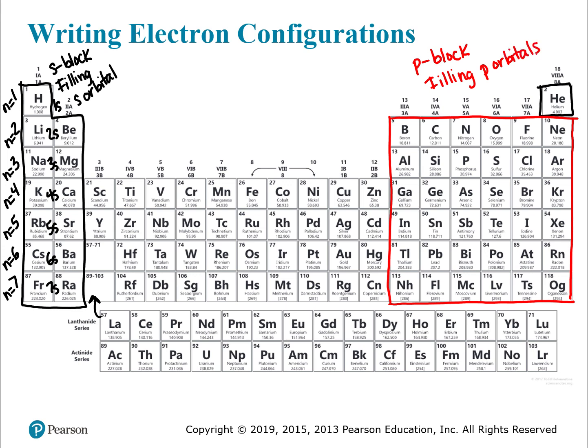We're filling the P orbitals here. So remember how we did neon and fluorine? The last orbitals that we were filling were in the 2p. They're also in the P block. Same thing for silicon. We were filling the 3p.